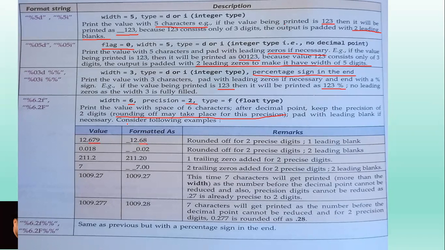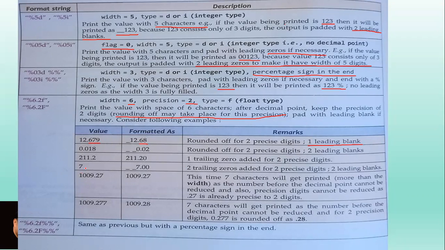And because we have taken 6 as width, it is 1, 2, 3, 4, 5, and the last is a blank space. So here it is written with 1 leading blank.